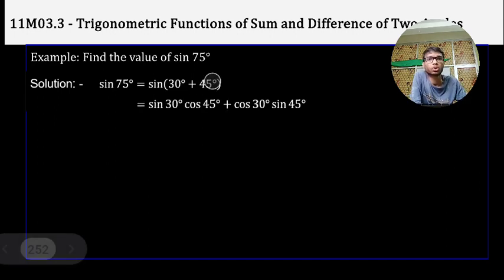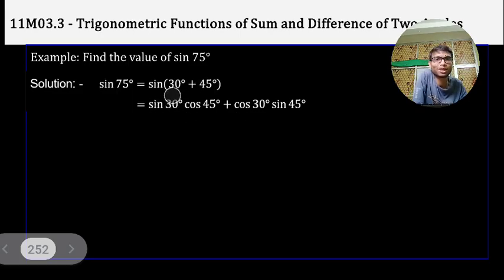So here we used identities. We know that sin 75 equals sin(30 plus 45), and we have addition, so sin 30 cos 45 plus cos 30 sin 45.